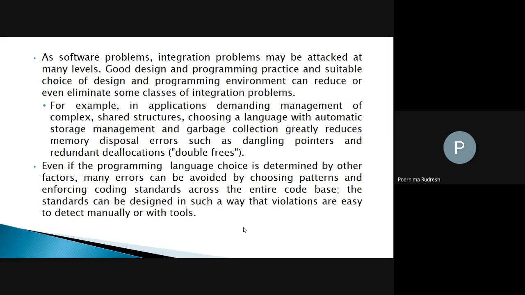Okay, and good design and programming practice and suitable choice of the programming environment can reduce some integration problems.